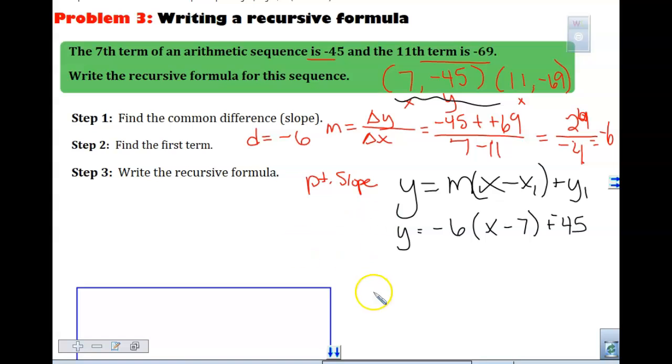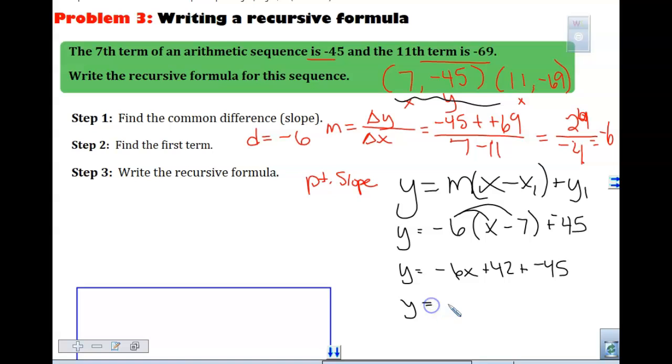Now, at this point, I could use the distributive property and multiply this out. Let's do that just to make sure, because you have to do that on the test, right? So we got negative 6x plus 42 plus negative 45.